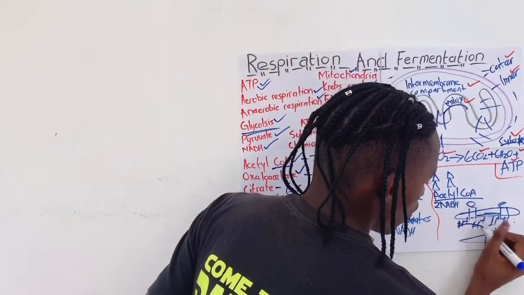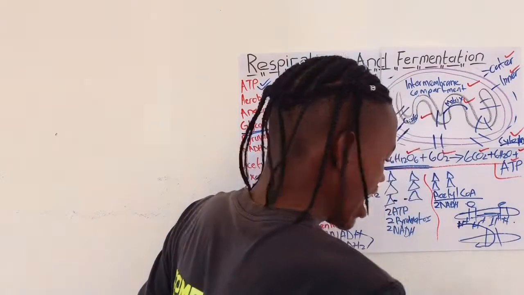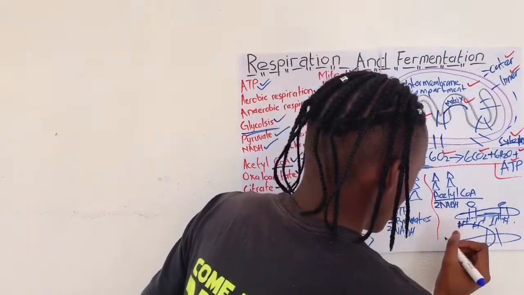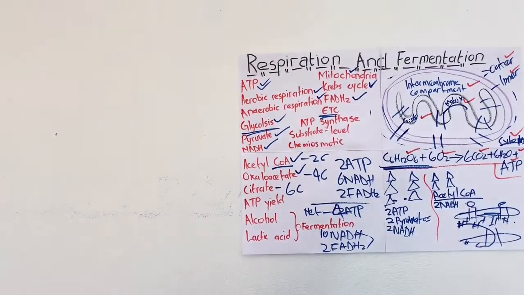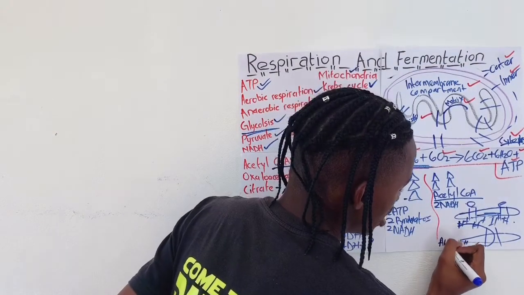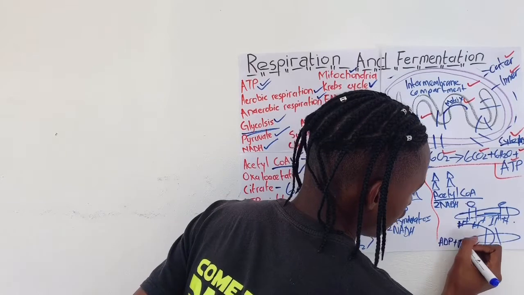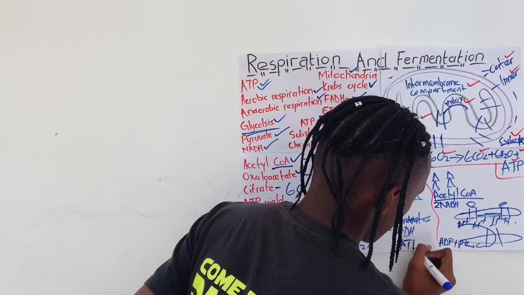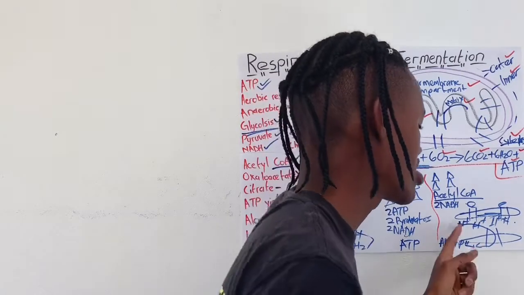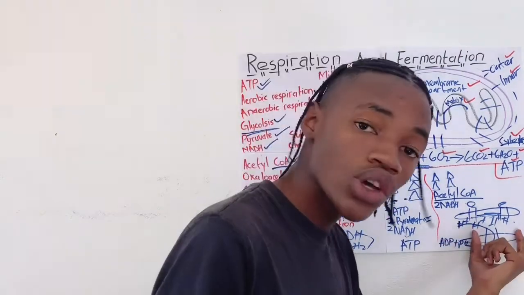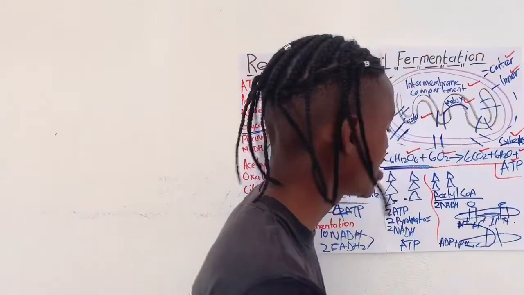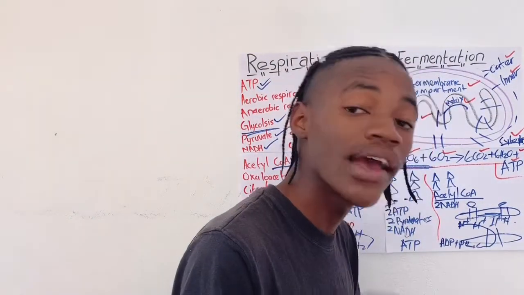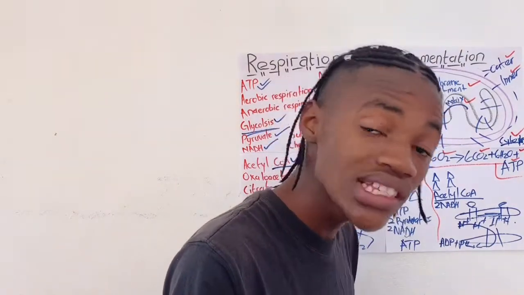So now when they come out, they come out as hydrogen, and then they mix with ADP plus a phosphate to create our ATP. So now these protons are pumped out through the ATP synthase, and ATP synthase is the enzyme that produces ATP.